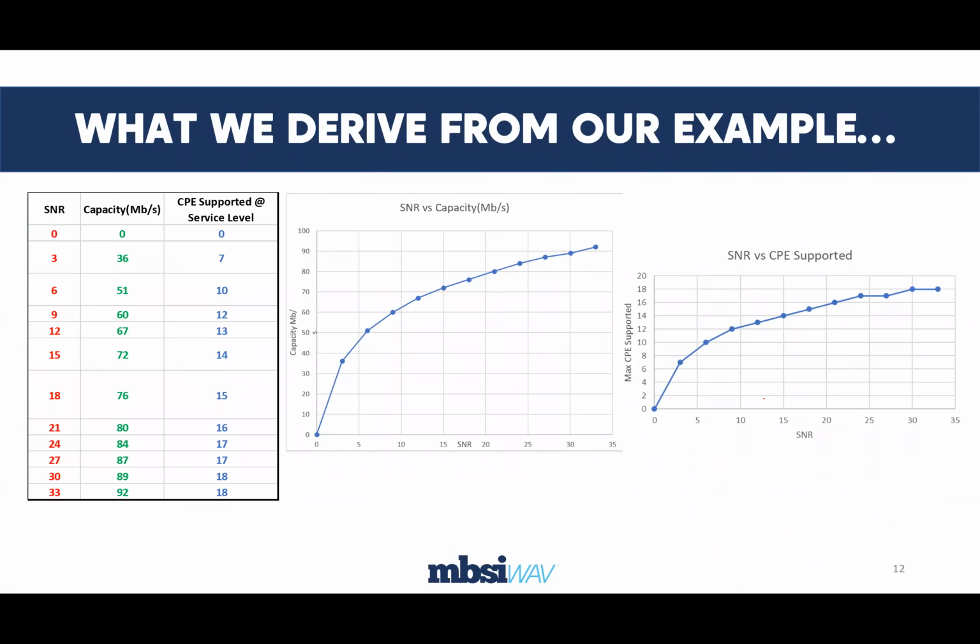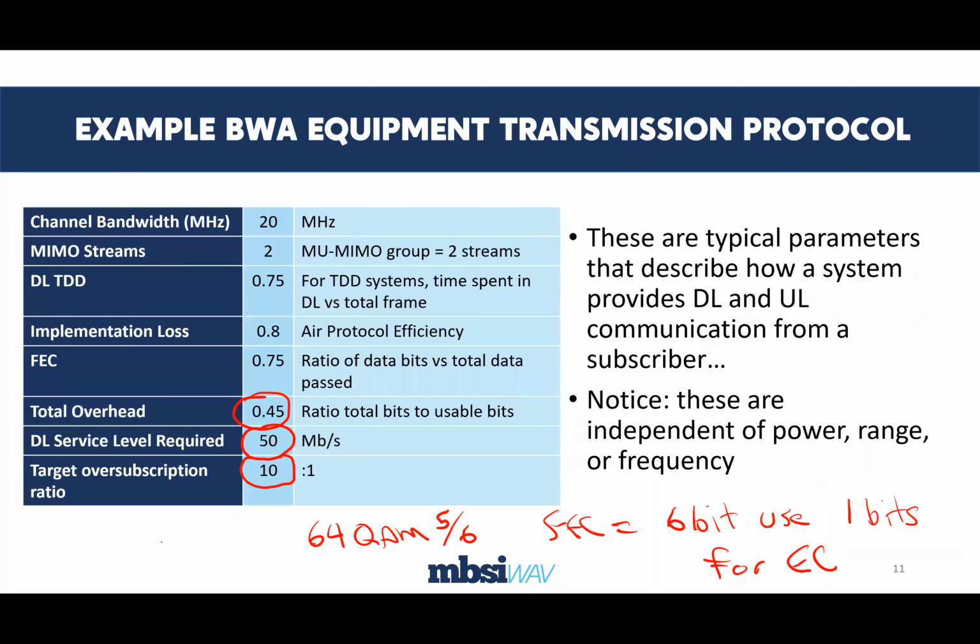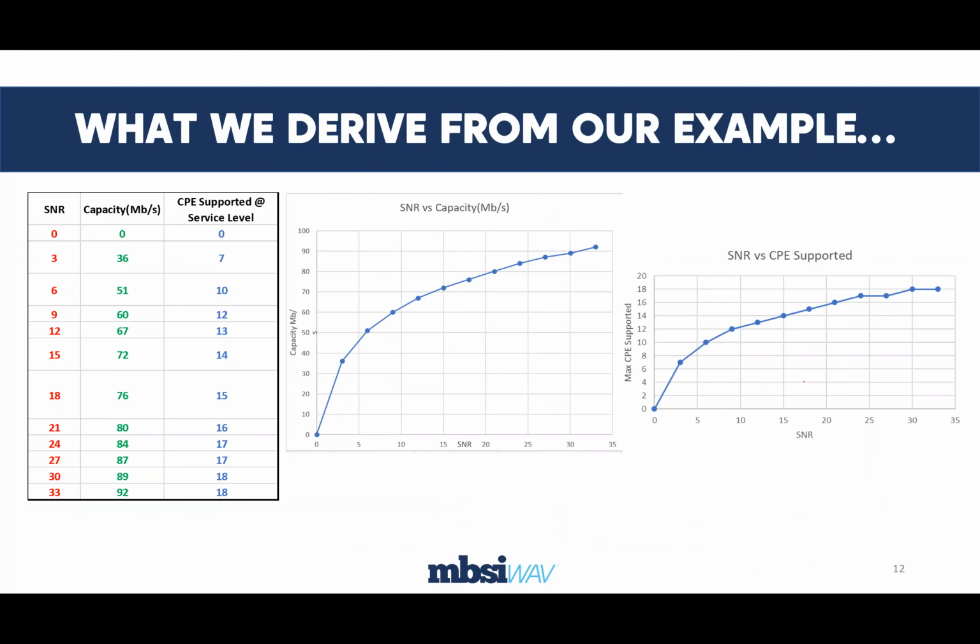All right, so from our example network here, I have my SNRs, capable up to about 33 dB. I've plotted the capacity from Shannon's theorem and multiplied by my efficiencies that I've made assumptions for. I come up with a number of values.